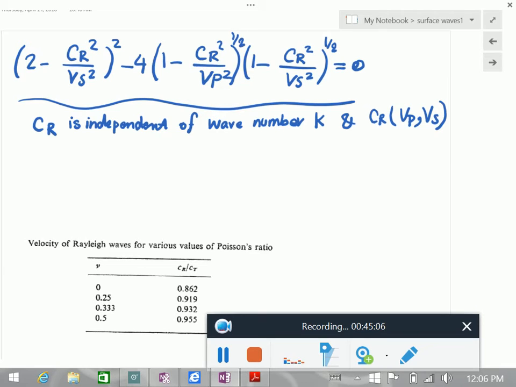We know that P wave velocity and S wave velocity are just a function of material properties. This is in the context of surface wave testing, as I will tell you in a few more minutes. It's a very, very important concept. What do we call the phenomenon of the dependence of velocity on frequency?